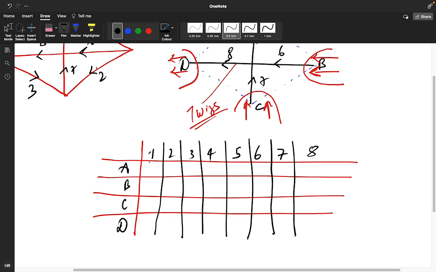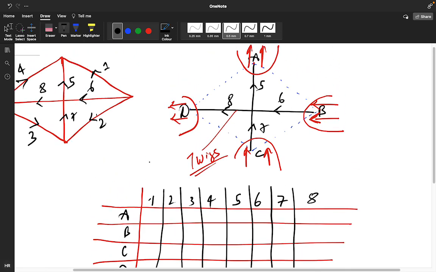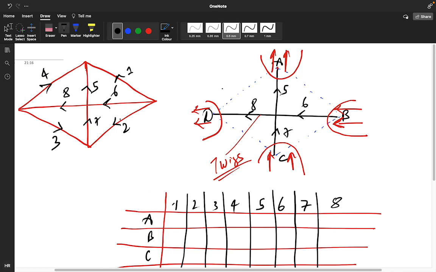Now you need to draw the things. So at A, first mark the directions. This was 1, this was 4th, this particular was 3, this was 2. Any other things?